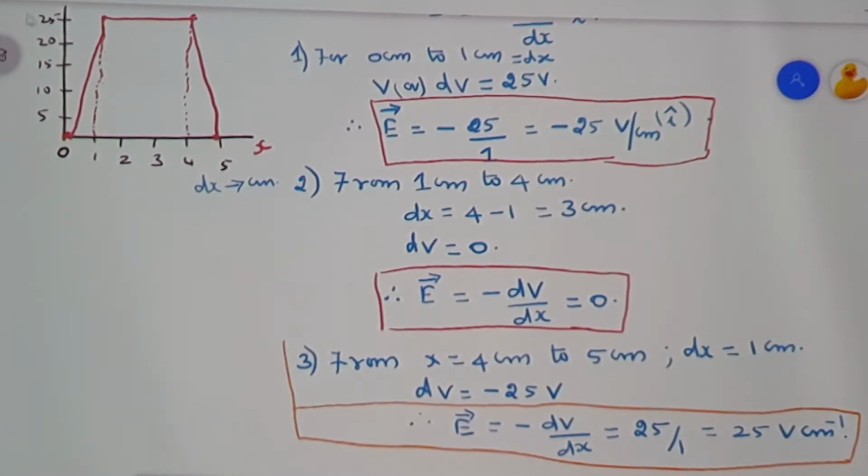Here it is the potential with the distance. Now we are going to draw the electrical field with the distance. So I am taking the electrical field E along the y-axis in volt per centimeter, and along the x-axis I am considering the distance x in centimeter.